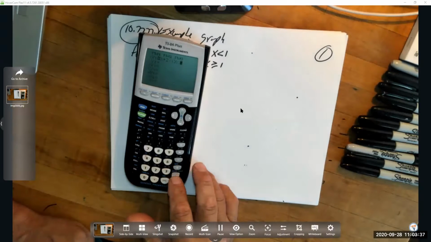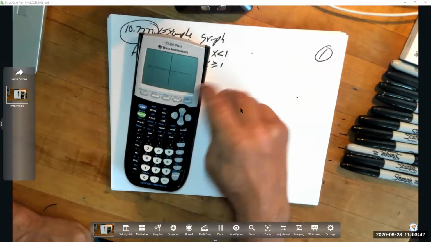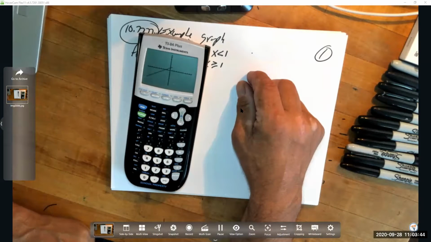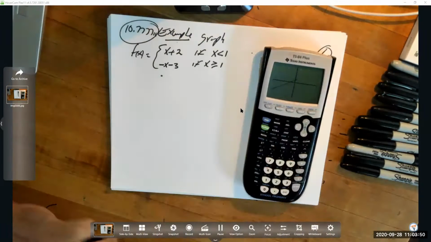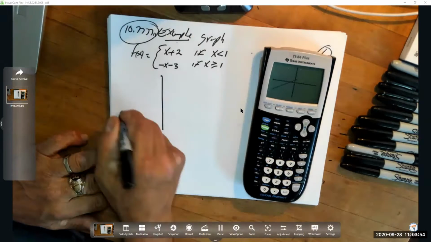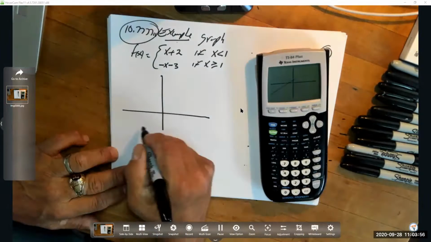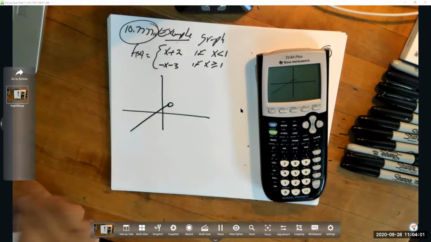So I have x plus 2 divided by the condition x less than 1. Then I hit graph. It's going to draw the graph, but it's not going to go all the way across. It goes right here and stops right there.